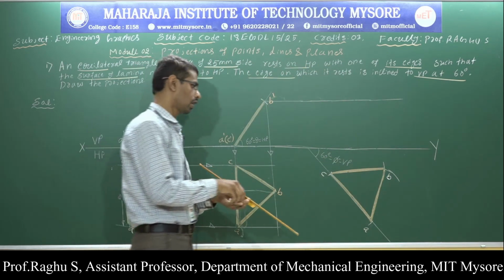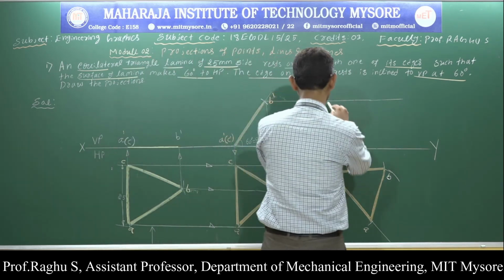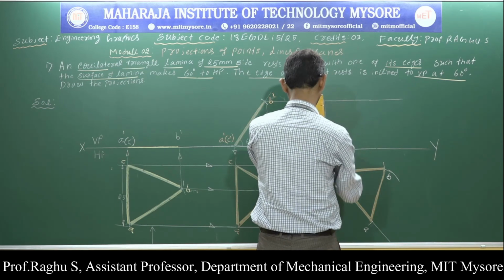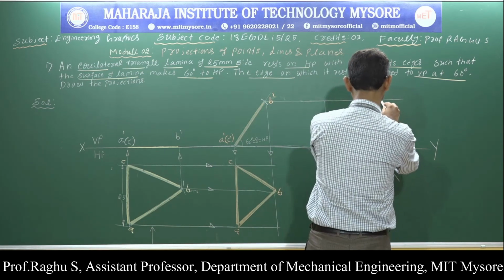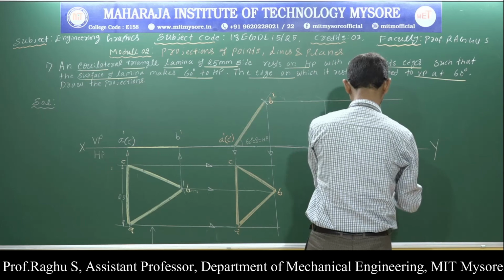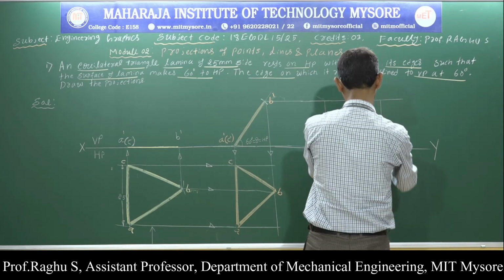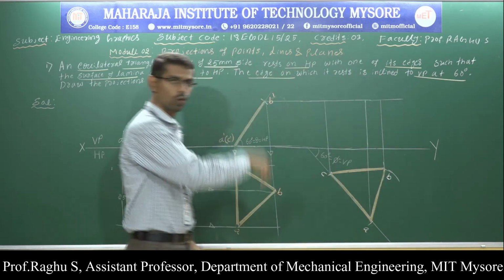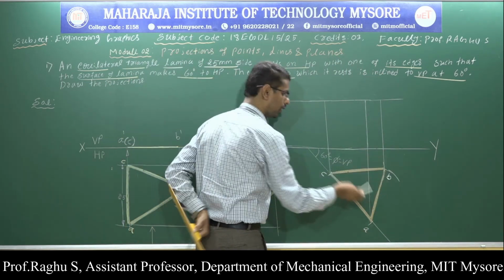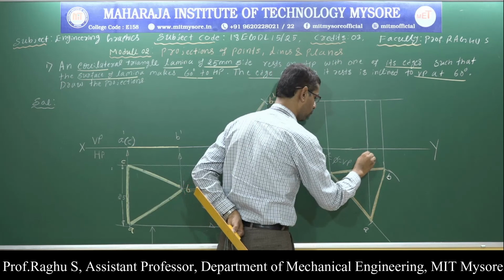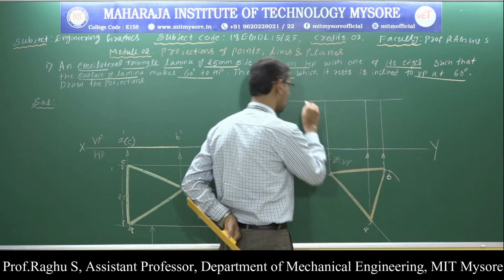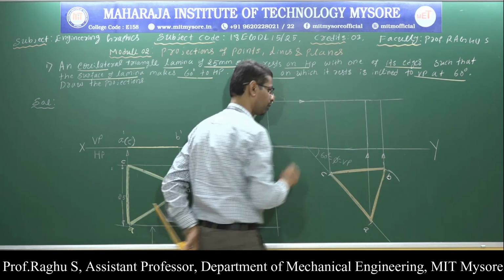Next, draw projection lines from point C, from point B and from point A. Draw vertical upward projections from all the corners and horizontal projections.